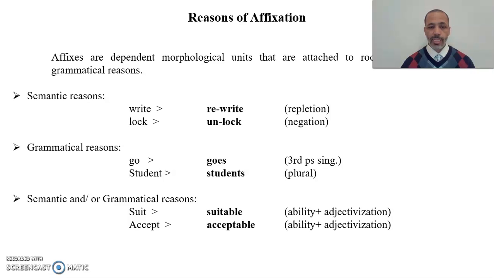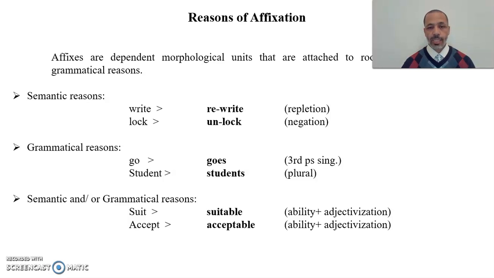Concerning the grammatical reason, we add affixes just for the sake of having extra grammatical information, like the tense of the verb, or number or gender. When you add these grammatical notions to words, then you are doing affixation for a grammatical reason.